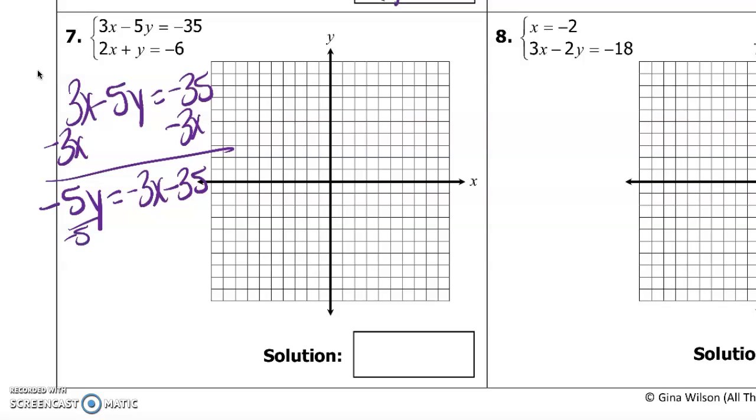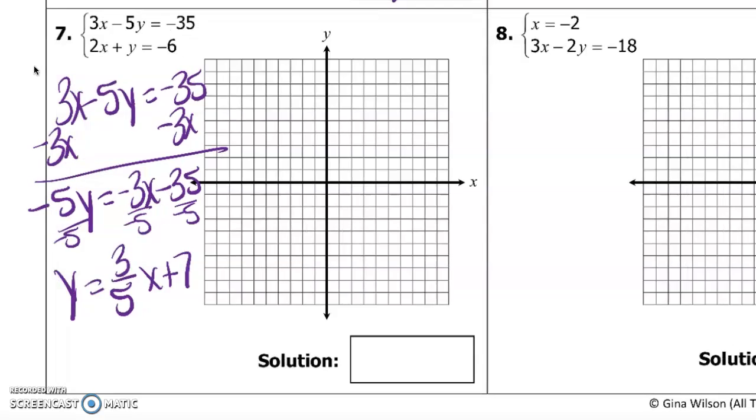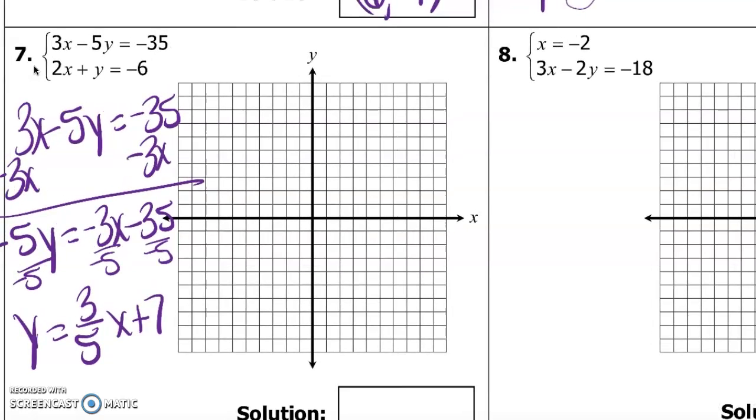Divide everything by negative 5. y equals, just leave that as positive 3/5 x plus 7. You have a negative 35 divided by a negative 5. So to graph that, I start up 7. Normally, or we can go up 3 and right 5. Can also go down 3 and left 5.